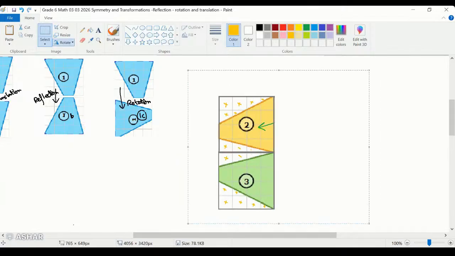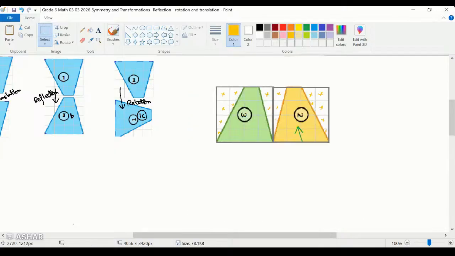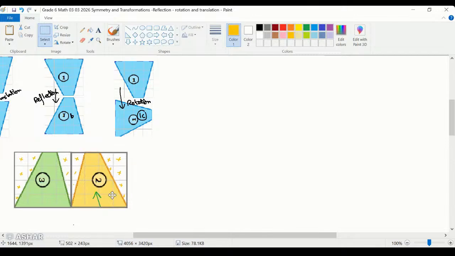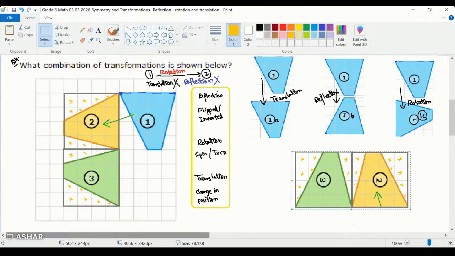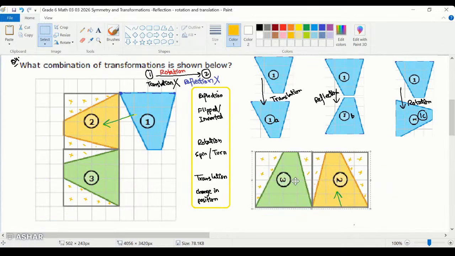Rotate right 90. Okay. If I have this shape, what can I say is happening over here? I took the same shapes, only inverted them. So can I say that we can see a reflection is happening over here? Can we say a reflection is happening over here because the images are inverted?